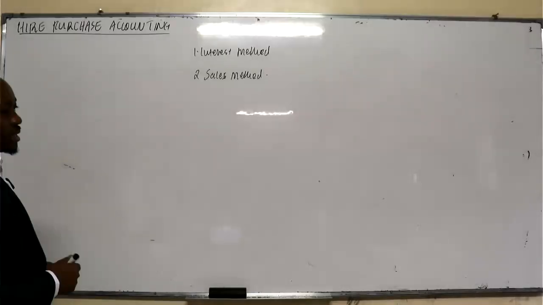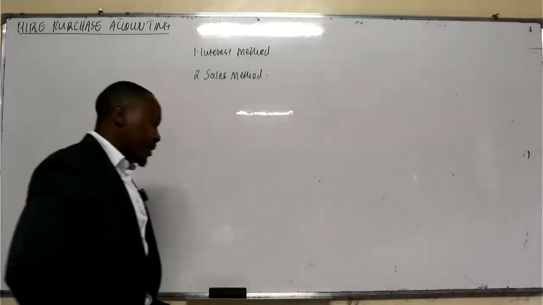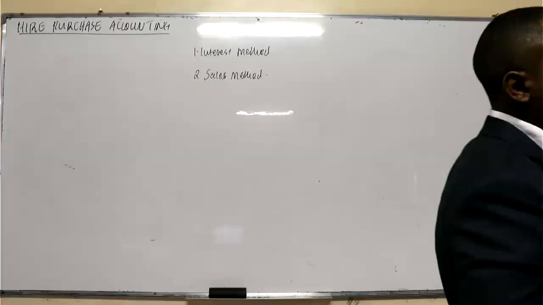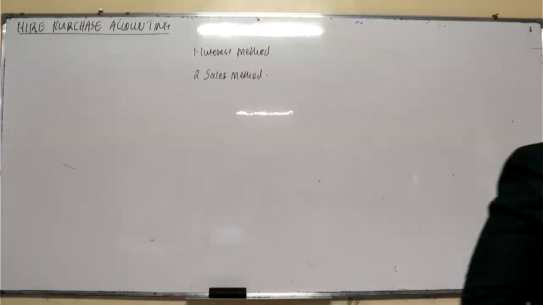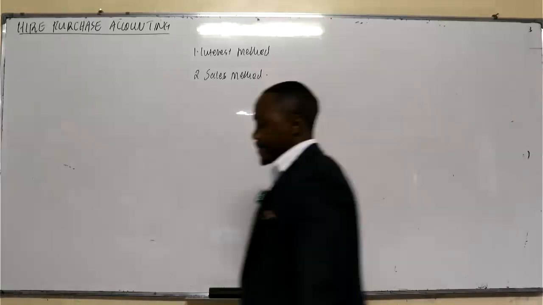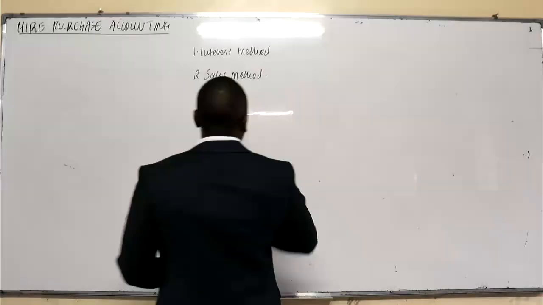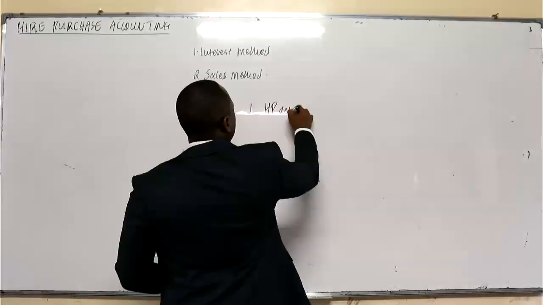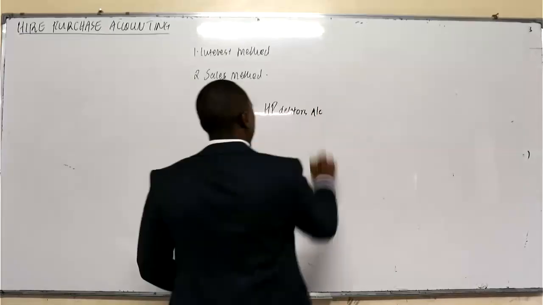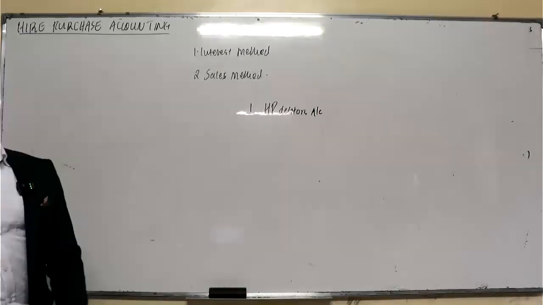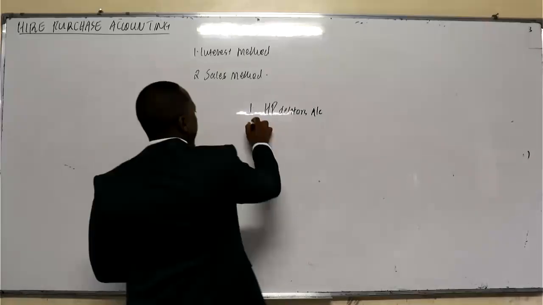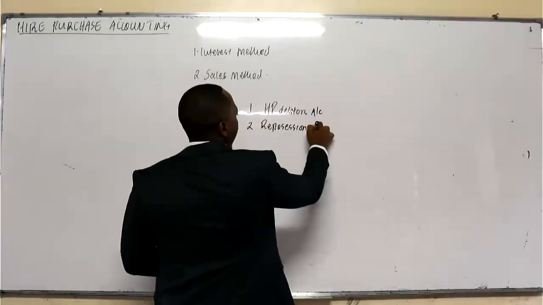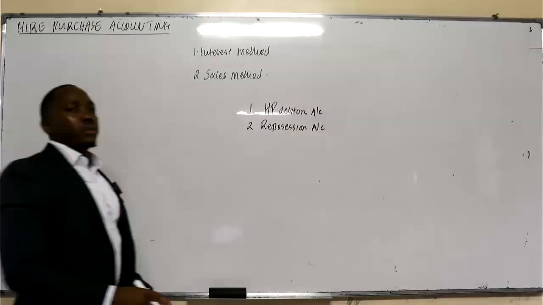Good. So now let's look at accounts prepared. What are some of the accounts prepared when accounting for hire purchase? Accounts prepared. Number one, hire purchase debtors account. Number two, repossession account.